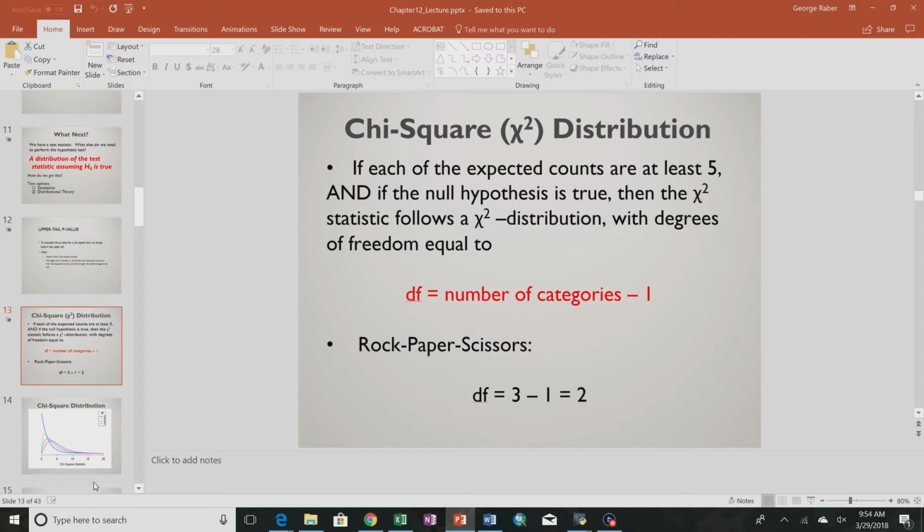We just know that it's either very small or very large, so we know whether or not to reject the null hypothesis.